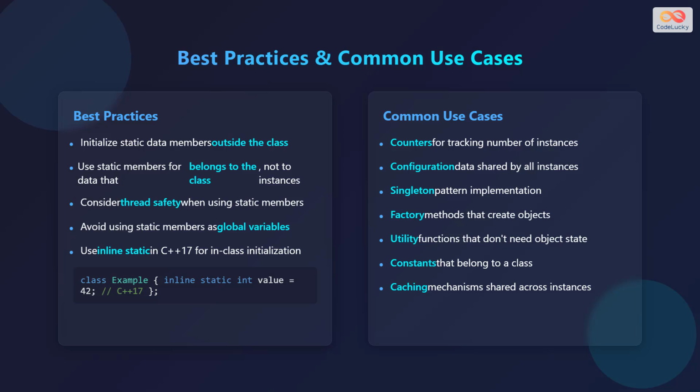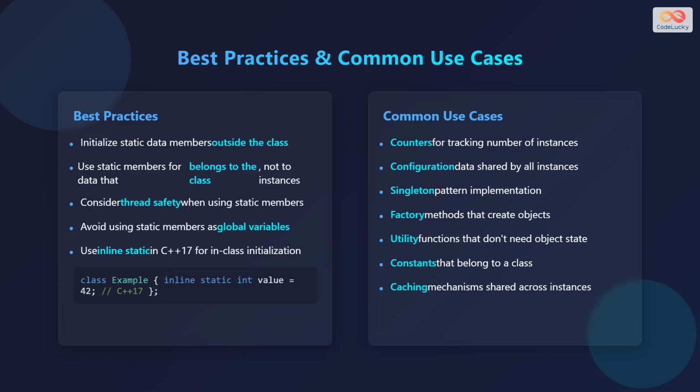From C++17 onwards, you can use inline static for in-class initialization. Here is an example: class Example { inline static int value = 42; }. Here, the static data member value is declared inline and initialized to 42 inside the class.